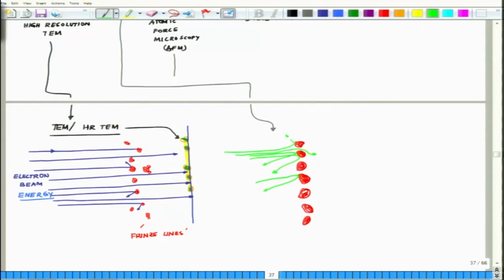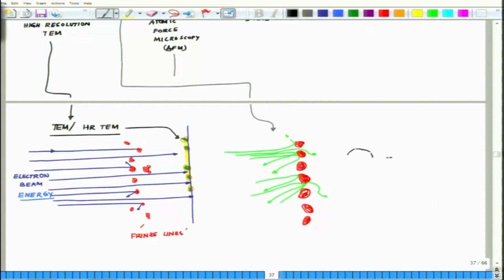Say for example, I have to get a three-dimensional topography of the substrate. So something like this. So eventually what you are going to get is a very neat three-dimensional profile.